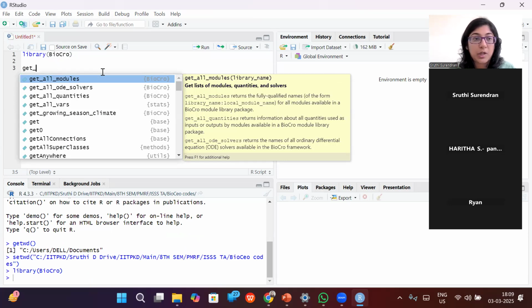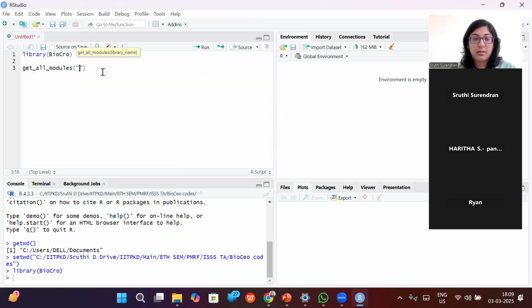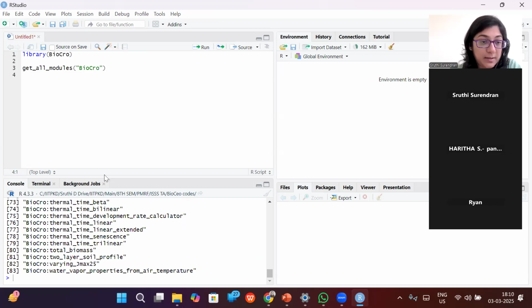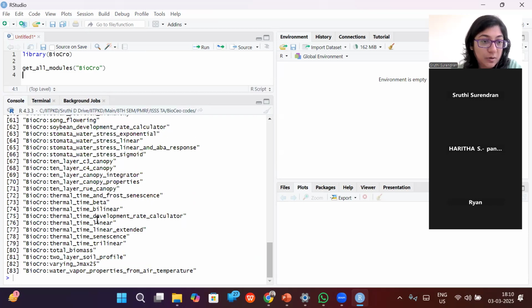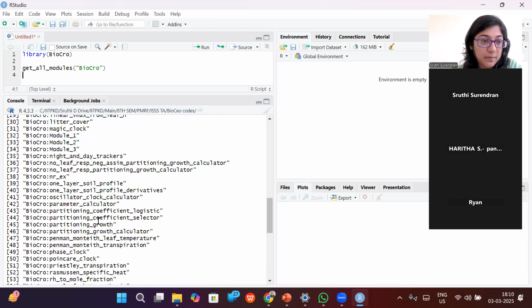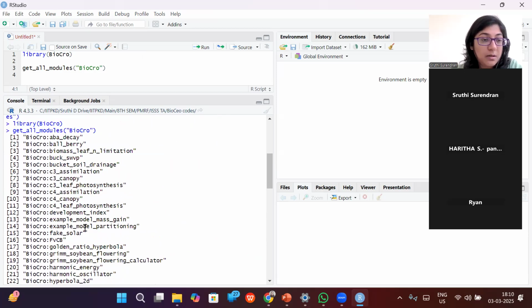Since there are a lot of modules, I'll use this function get all modules and put BioCro inside, with two colon marks, and then run this function, and I get all the modules that are available in BioCro.